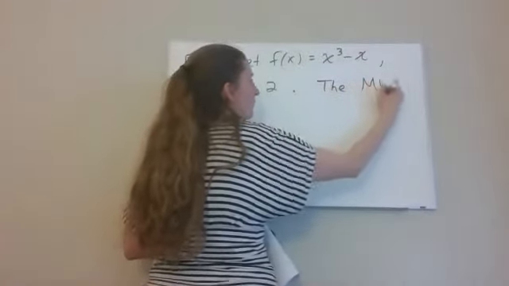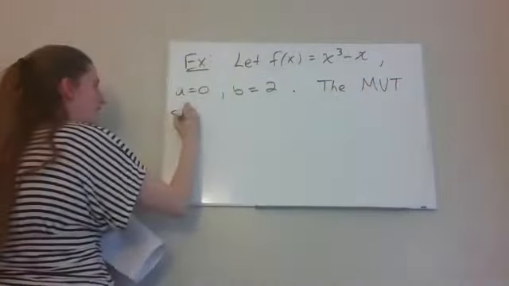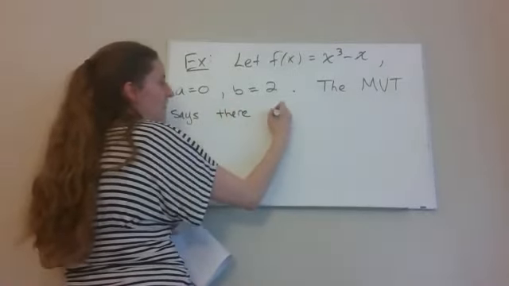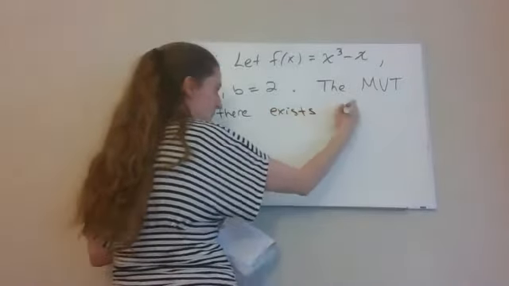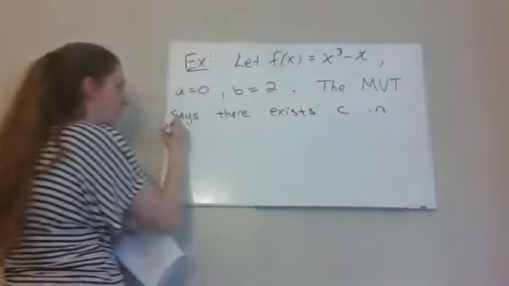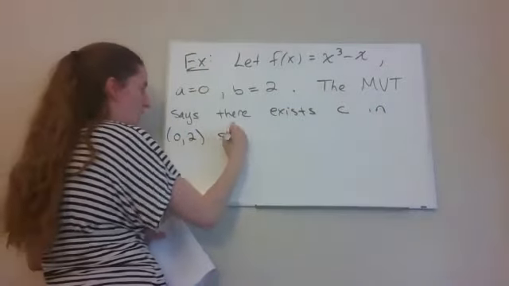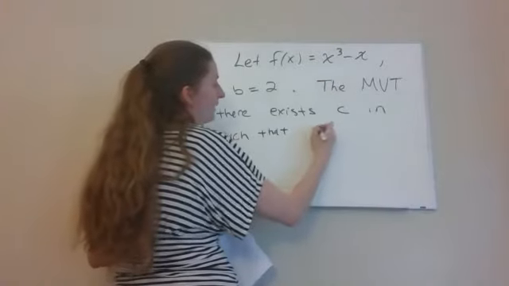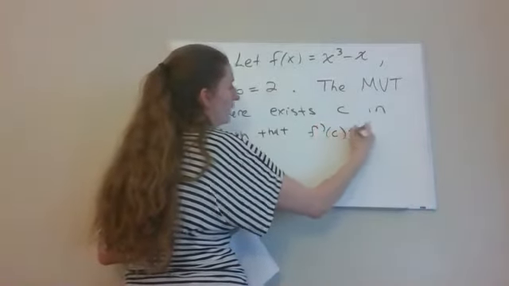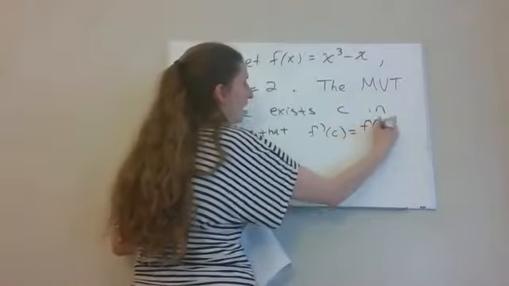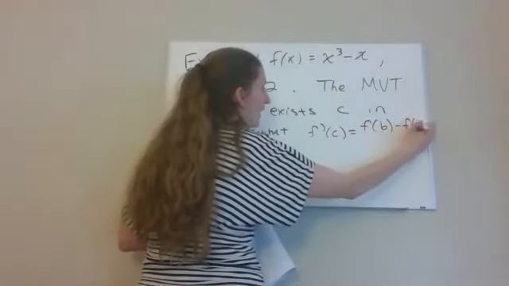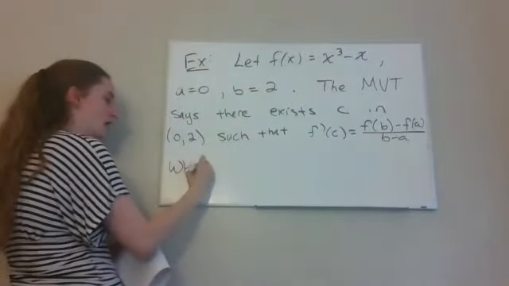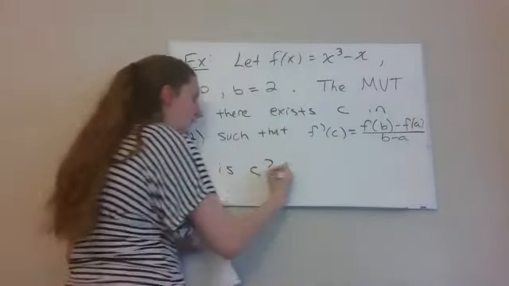The mean value theorem says that there's going to be a c in the interval 0, 2, such that my f prime of c is equal to f of b minus f of a over b minus a. And we're going to find what is this c.